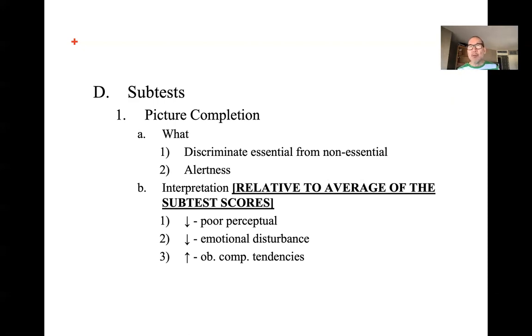As you're probably well familiar, most of us tend to perform in the average range, right? 60% of us, and 95% of us perform within one or two standard deviations above and below the mean.